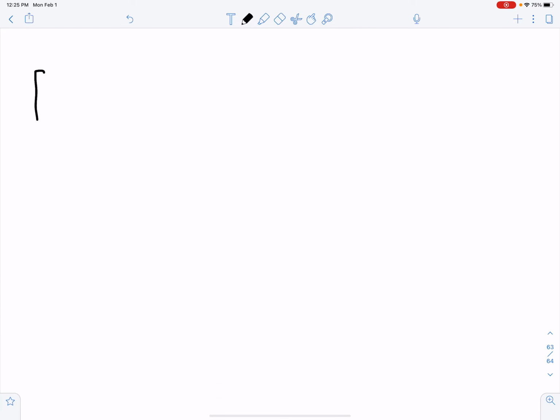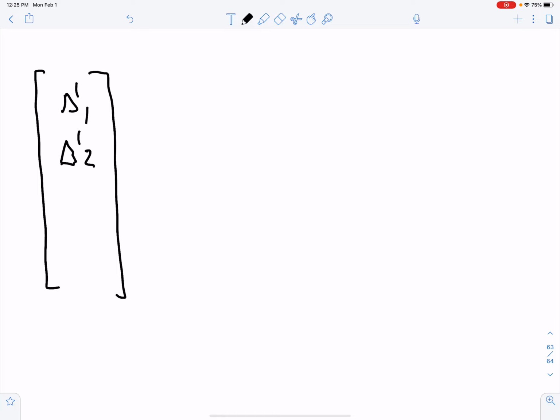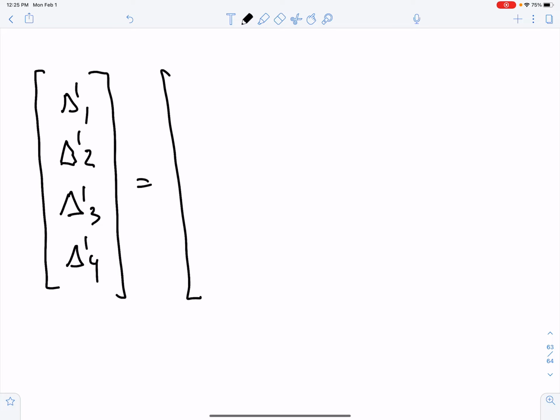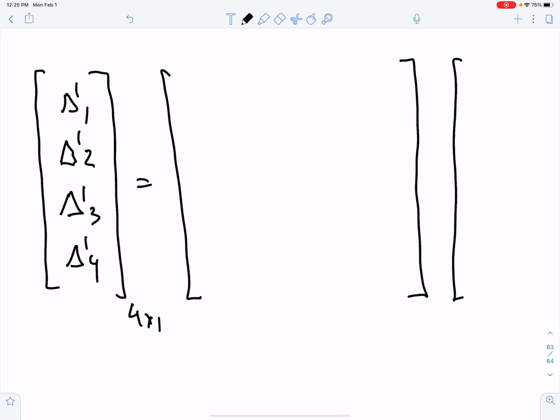So 1 and 2 are related independently, and 3 and 4 are related independently. So now I can package the whole relationship into one: delta prime 1, delta prime 2, delta prime 3, and delta prime 4 equal to a matrix like this. This is 4 by 1, this is 4 by 1, and this is delta 1, delta 2, delta 3, and delta 4.